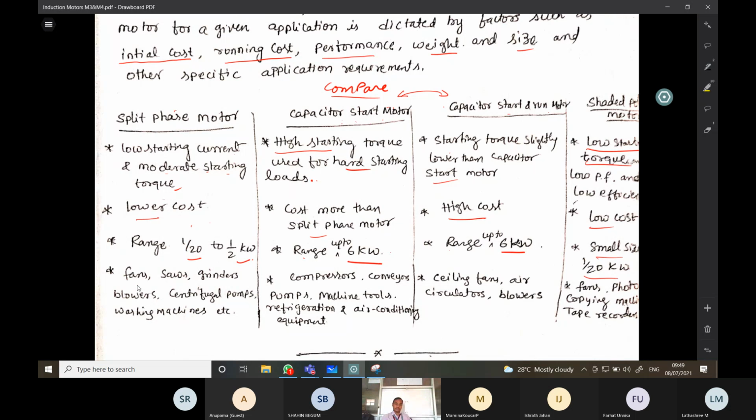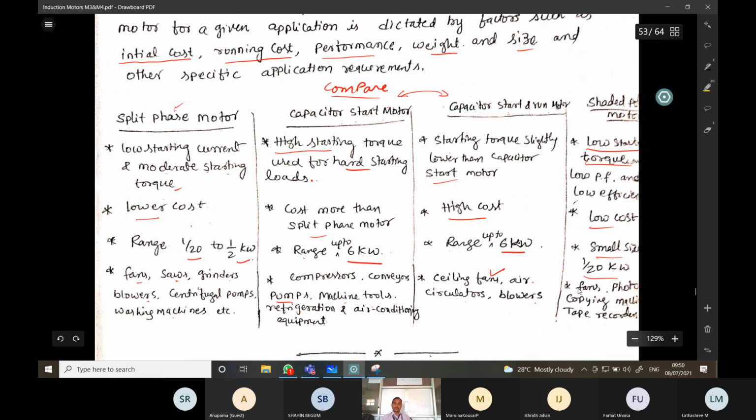Application wise, the split phase motor is used for fans, grinders, blowers, centrifugal pumps, washing machines, etc. The capacitor start motor can be used for water pumps, machine tools, refrigeration and air conditioning equipment. The capacitor start and run motor can be used for ceiling fans, air circulators and blowers.